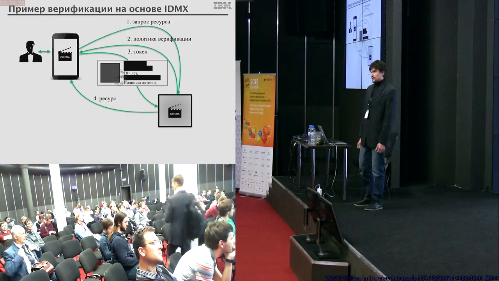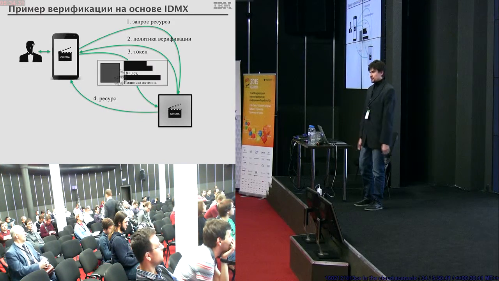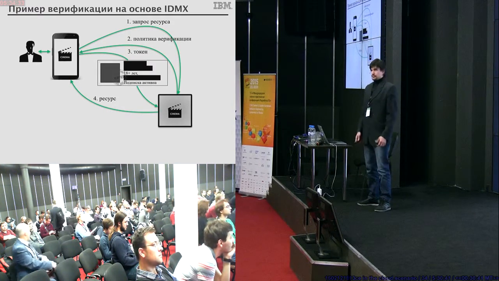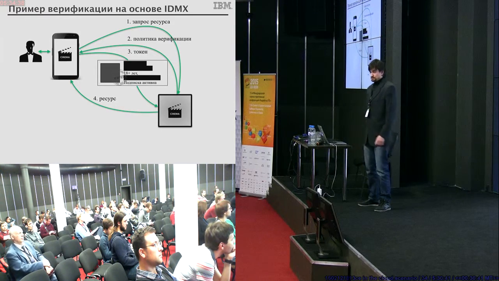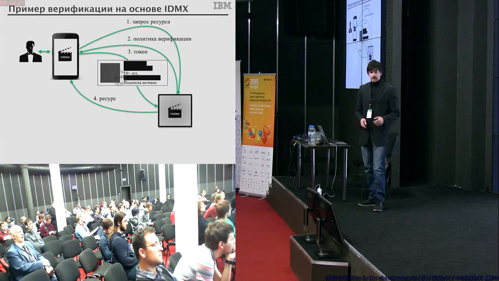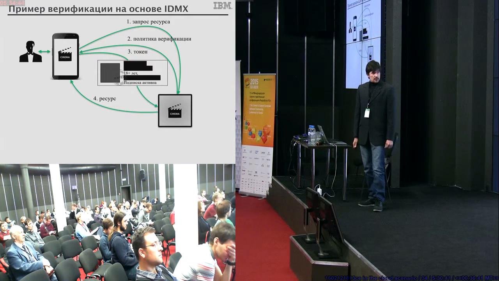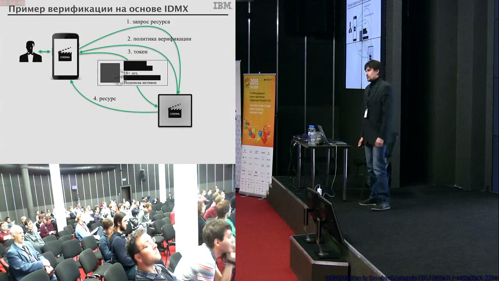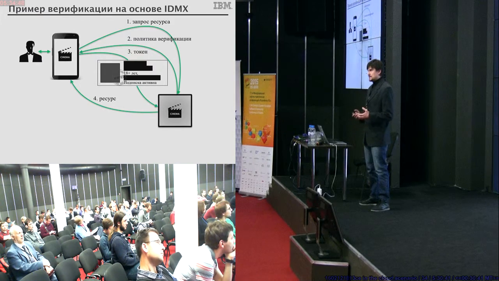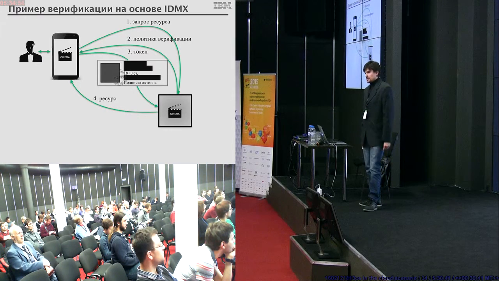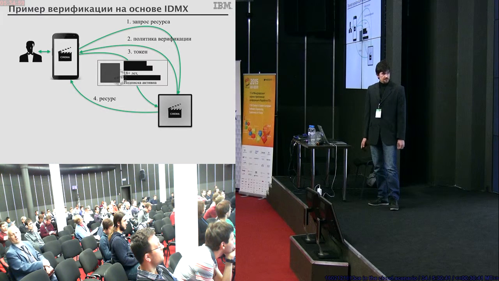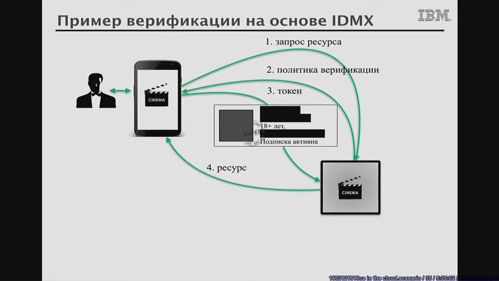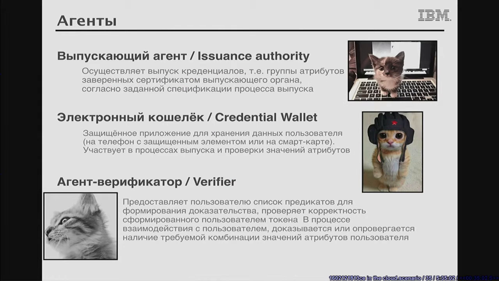We get a policy of verification, and then what kind of data must be provided? After that, we generate a special token which cannot be linked to a specific name or address, and if the token is properly verified, it is returned to the resource.